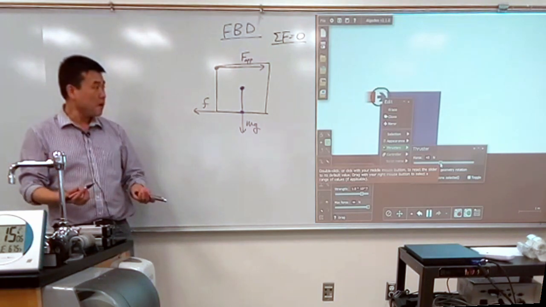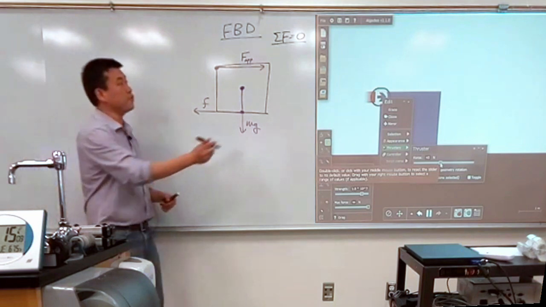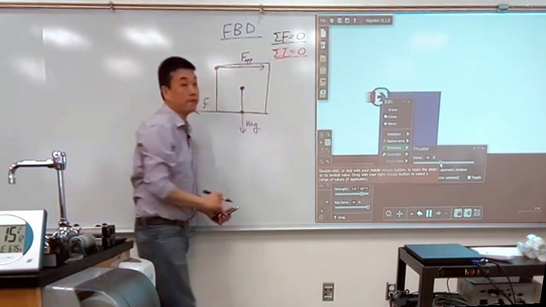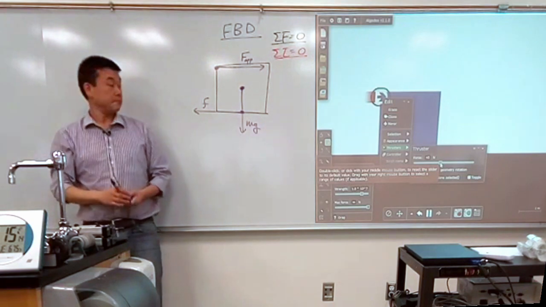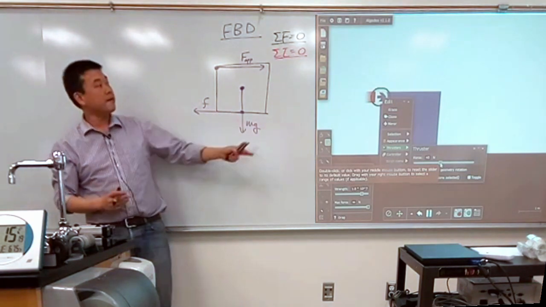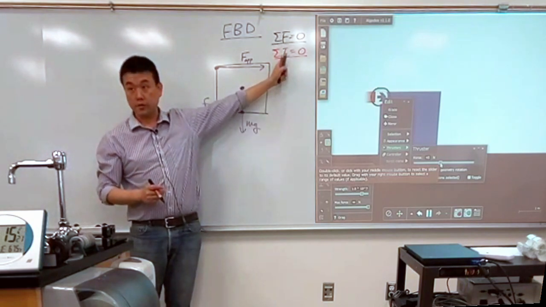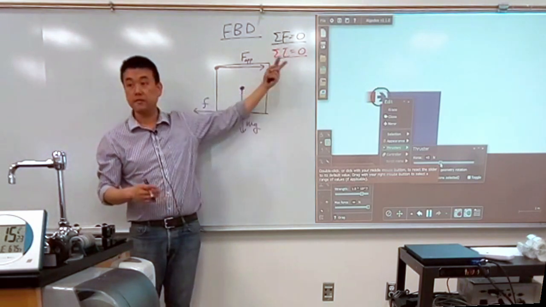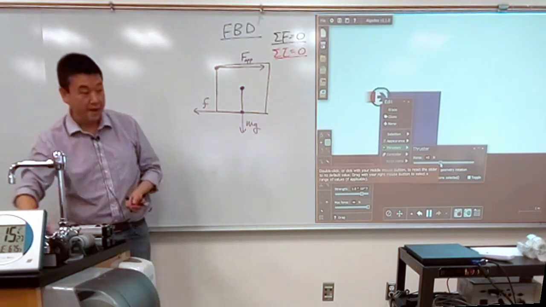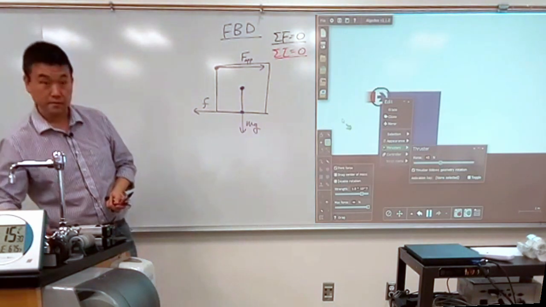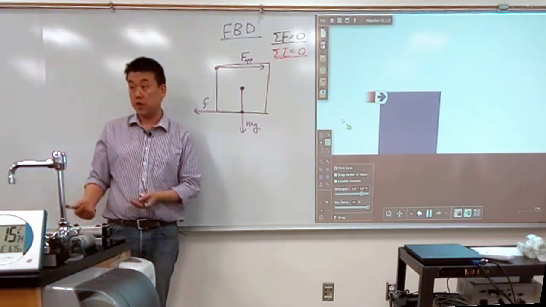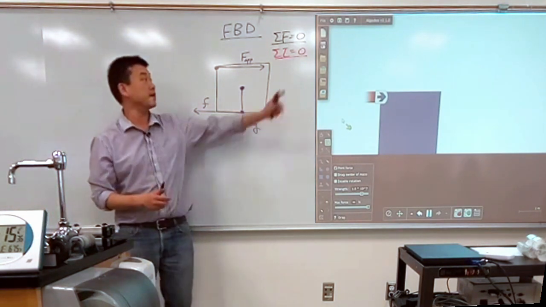It comes down to the requirement that net torque has to be equal to 0 also for static equilibrium. So here, I want to calculate the net torque. The moment I say the word torque, you have to think about what the center of rotation is. Right now it's not rotating at all, it's at static equilibrium, but you still have to define a center of rotation so that you can calculate the torque.